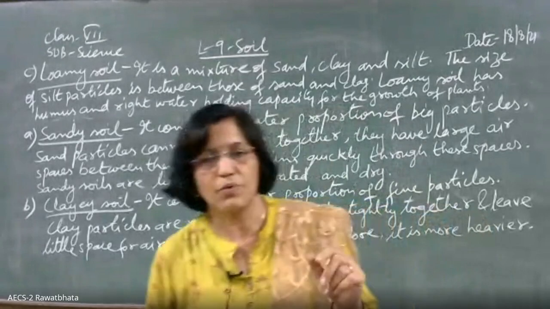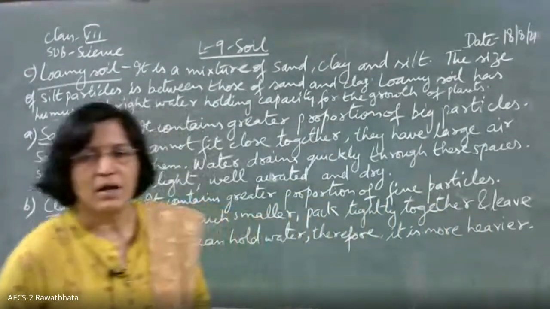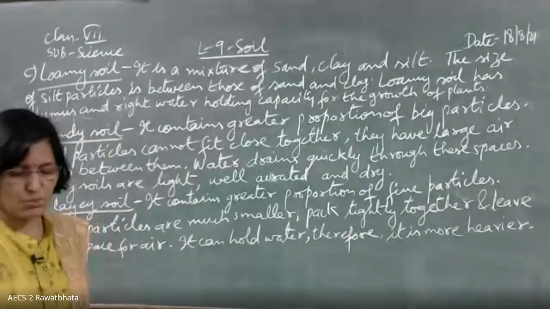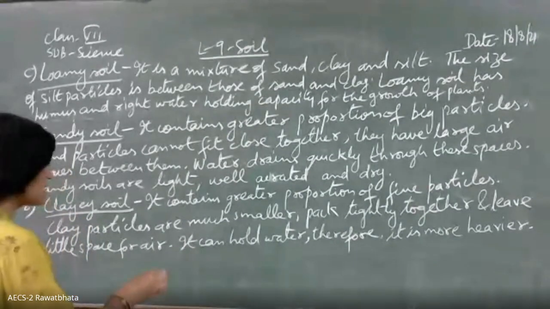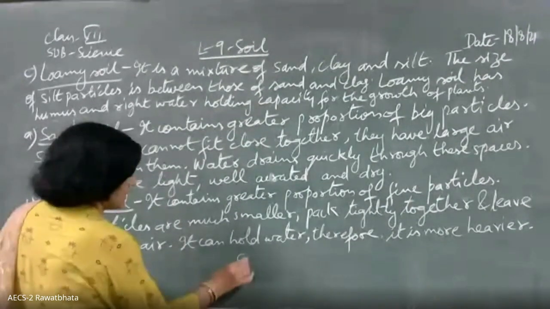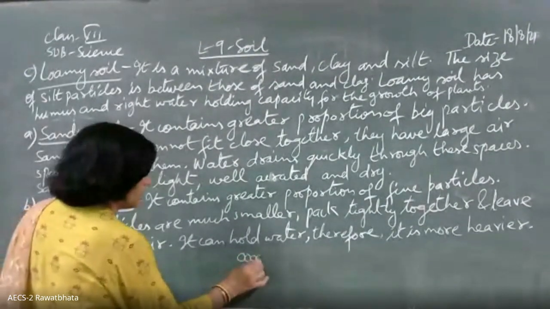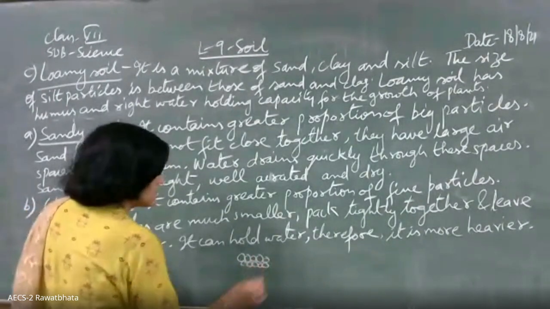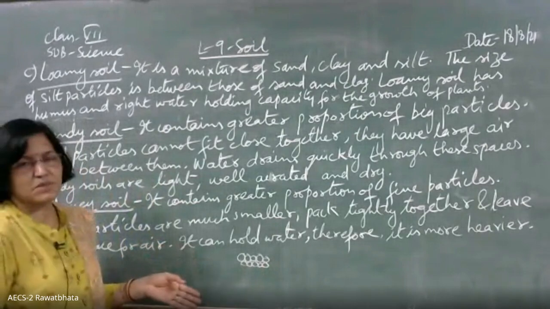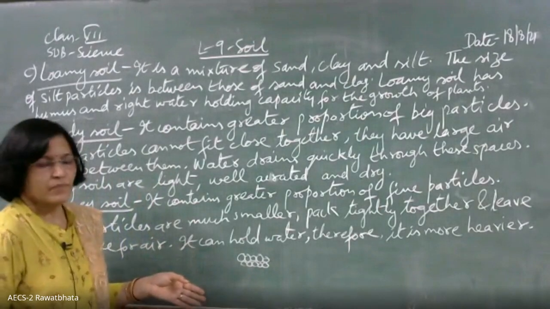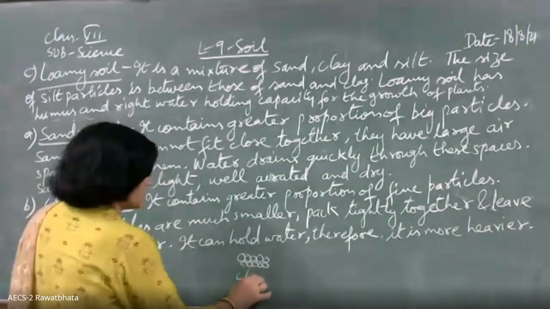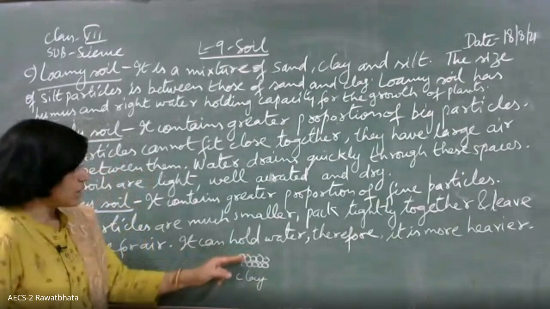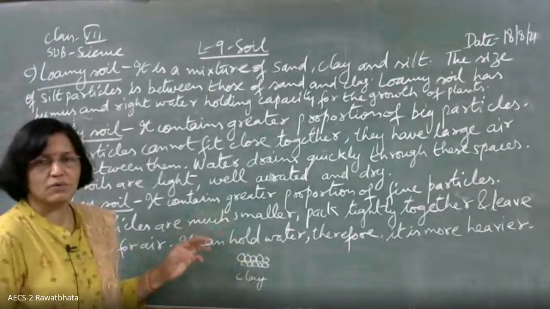Now, what is the meaning of being larger or smaller in size? Say, for example, if you are talking about clay particles, these particles are very, very close because they are small in size. If they are small in size, there are no air spaces. And no air spaces means that whatever water goes in percolates, is the word we use.